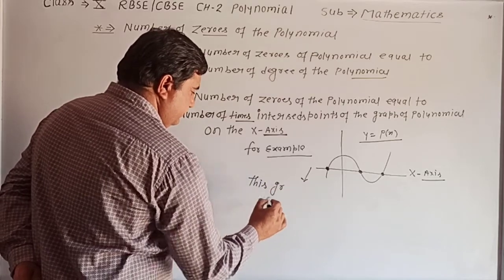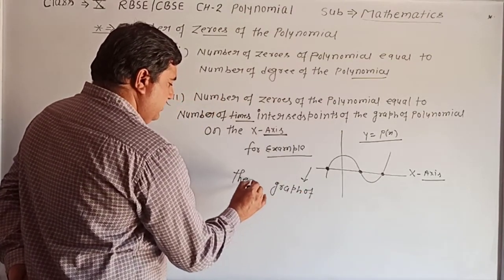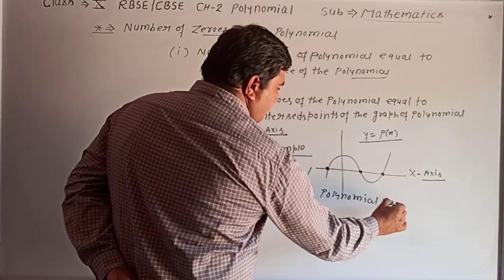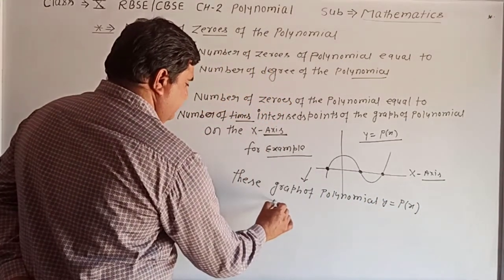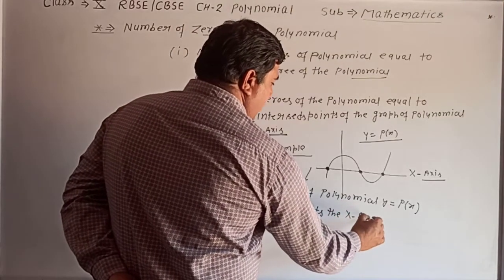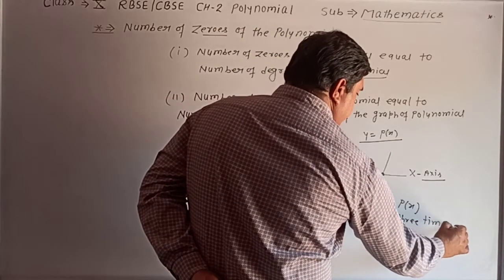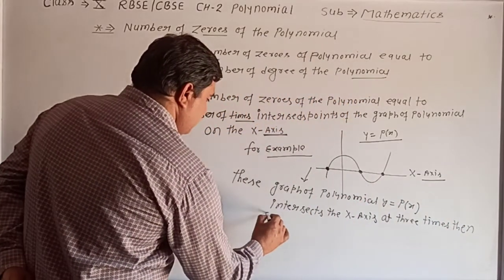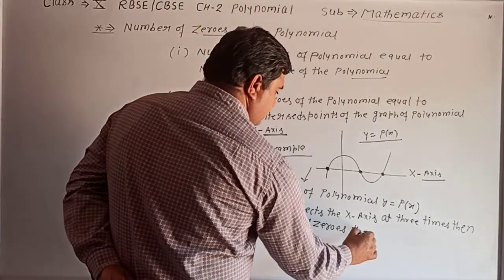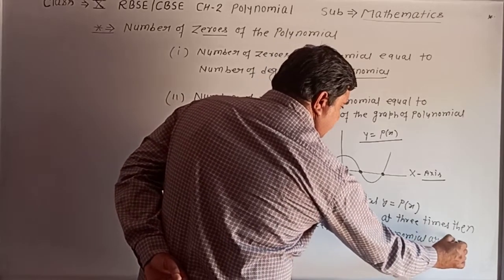This graph of polynomial y equals to P(x) intersects the x-axis 3 times, so the number of zeros of this polynomial is 3.